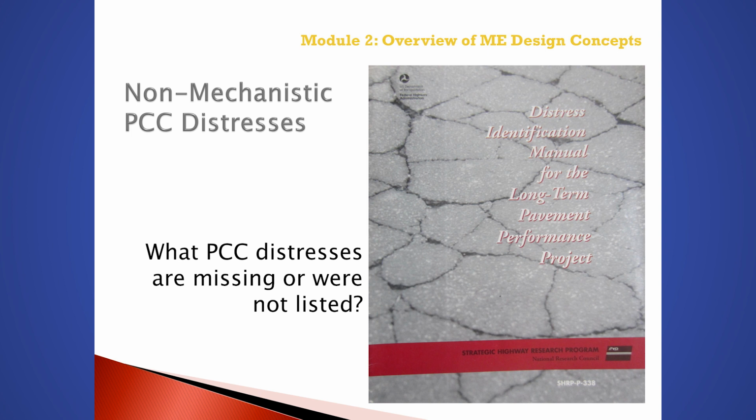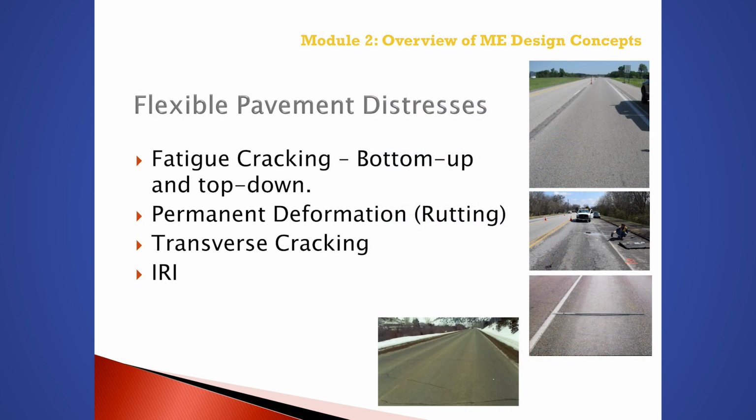So indirectly, some of the other rigid distresses are considered in the PMED software for rigid pavement design. Spalling is considered and calculated within the PMED software, but is not used as a design criterion, so it is considered indirectly.